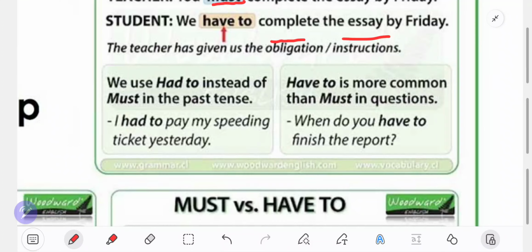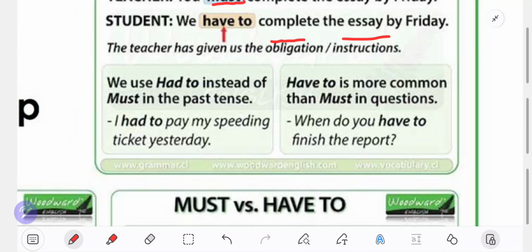And this is a little bit different. In the past tense, we cannot use the word must, but we use verb 2 of verb 1.